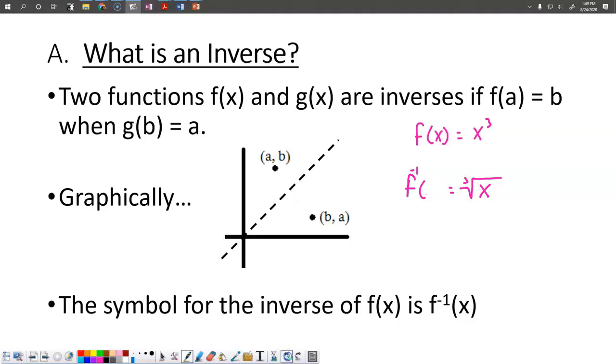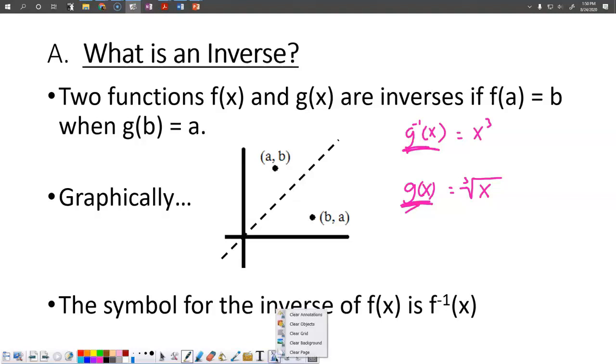Or, instead of calling that one f inverse of x, I could have called the one on top g inverse of x. So the point is that if they're inverses, this is the notation that we can use to show that they're inverses. You don't have to. You could really just name them as two separate functions, because they really are two separate functions. But it's nice to have this situation, because then you know how they're related. They're inverses of each other. And sometimes it's not really so obvious that they are.